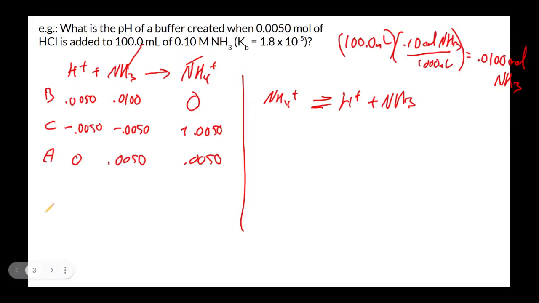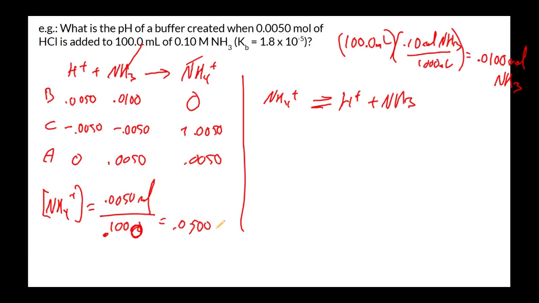The initial concentration of NH4 plus and NH3 is going to be our 0.0050 moles in our 100 milliliters, which is 0.1 liters. So this ends up being 0.0500 molar.